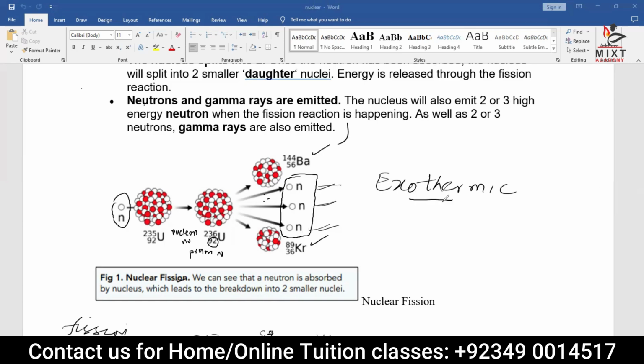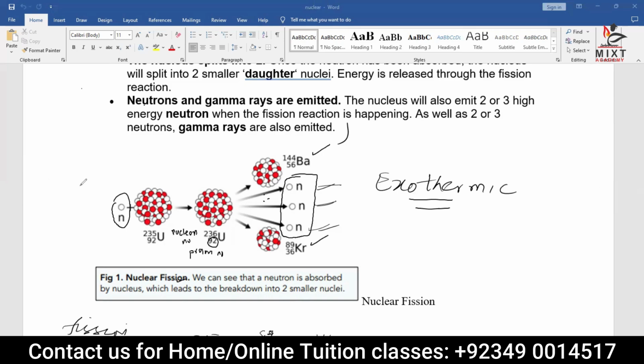Now I have written here that this is an exothermic reaction. Manur, what is meant by exothermic reaction? It releases energy. Remember one thing, every single reaction, whether it's a fusion reaction or a fission reaction, both release energy.